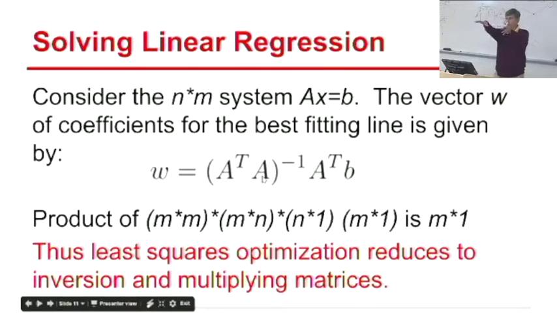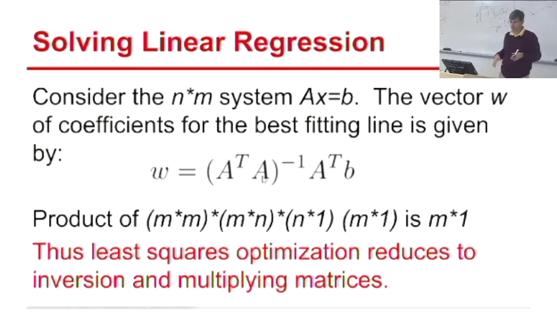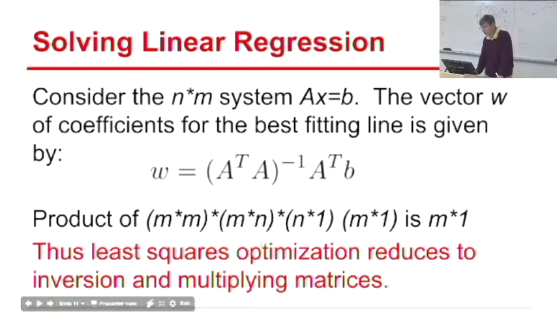What if I don't have a matrix that is square? Then you can't take the inverse of it. So this is one. Trying to grok this thing, this is a square matrix, M by M. A times A transpose, to be honest with you, is going to be M times N times N times M. I got this wrong. That's bad. Okay.